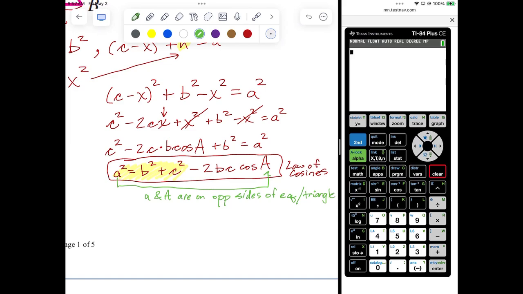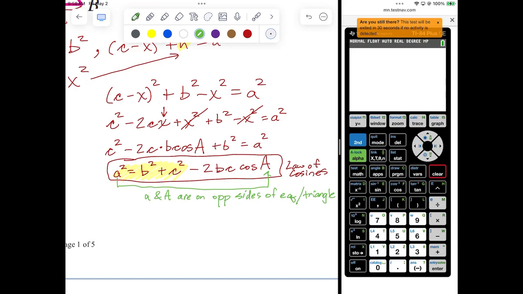That's how I always remember it, right? In a triangle, we have angle A is opposite little a, angle B is opposite little b, angle C is opposite little c. Well, that's how it works in the equation too. Little a is on the opposite side of the equation from big A. Little b is going to be on the opposite side of equation from big B, and little c and big C are going to be on opposite sides of the equation.